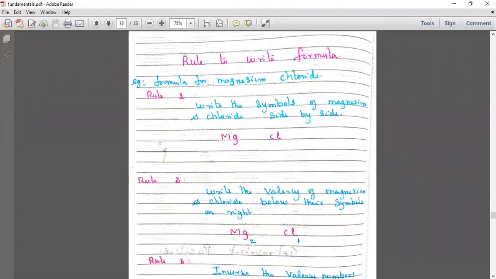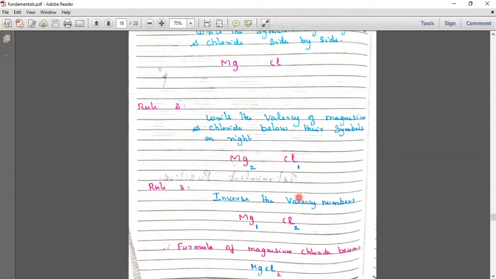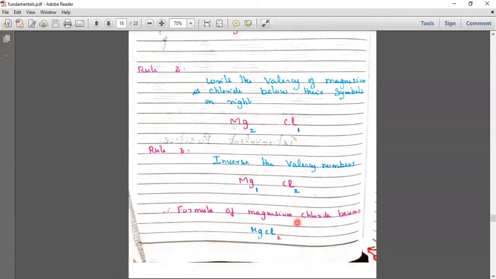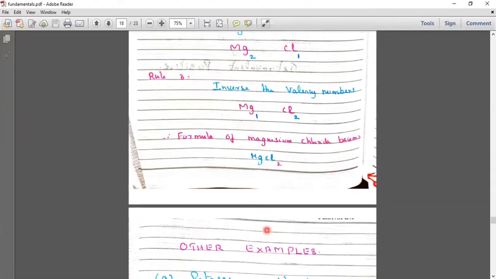Magnesium valency is 2 and chlorine valency is 1. Next, inverse the valency numbers. So I have written the chlorine valency near magnesium, and the magnesium valency near chlorine. They are exchanging. So the formula of magnesium chloride becomes MgCl2. The number 1 need not be written. So MgCl2 is the correct formula.